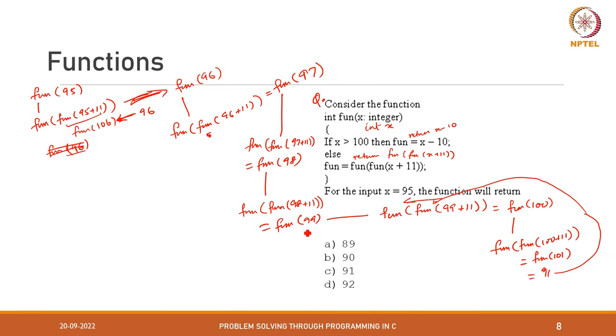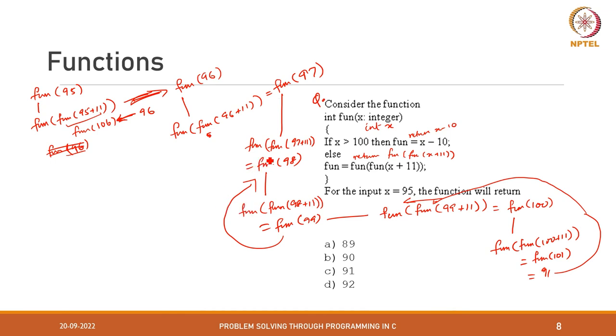Okay. Now the same return value will again go back. So this entire thing evaluated to be 91. Now this same thing will go to fun of 98 when fun of 98 was being called.